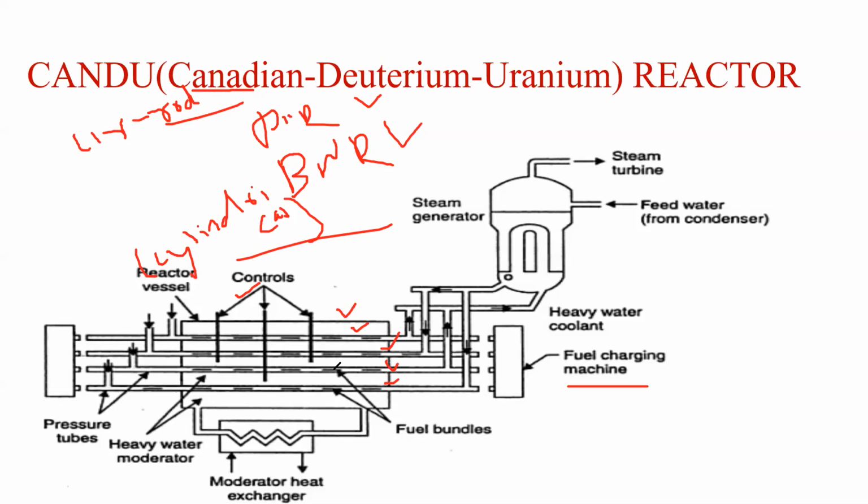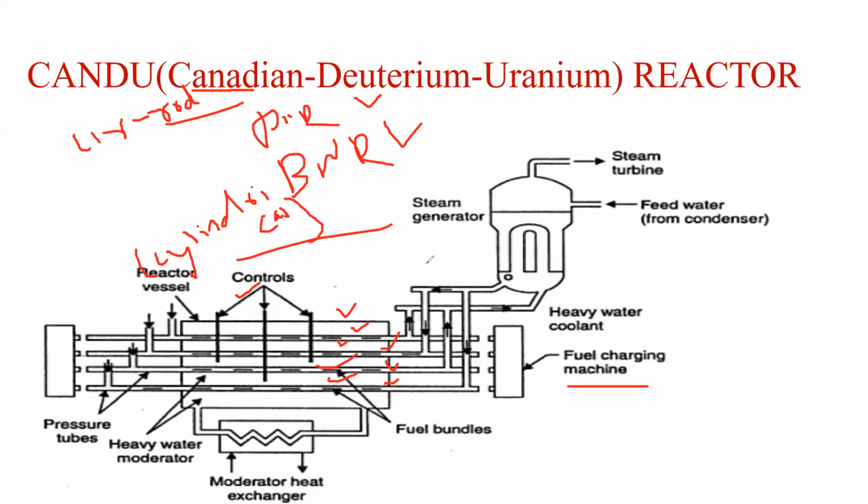These pellets are injected into these tubes. So this is the biggest difference between PWR, BWR and the Canadian deuterium uranium reactor: here we use uranium oxide in pellet form.